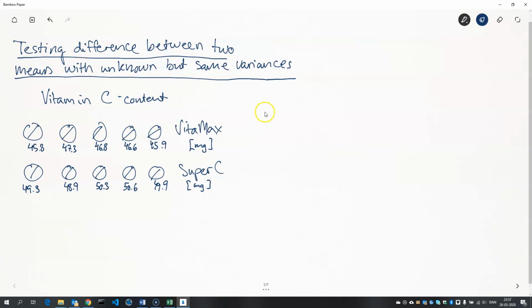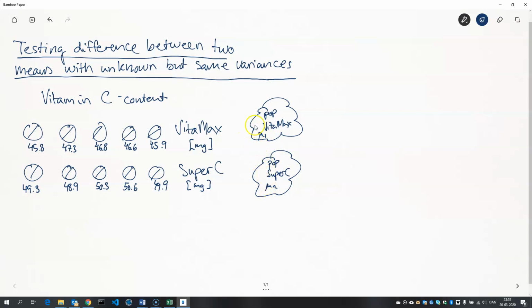What we want to know is if we have the population of Vitamax pills, that population has a mean regarding the content of vitamin C, and so does the population of Super C pills. Let's call it mu1 and mu2. And we want to explore if there's a difference between those two means.